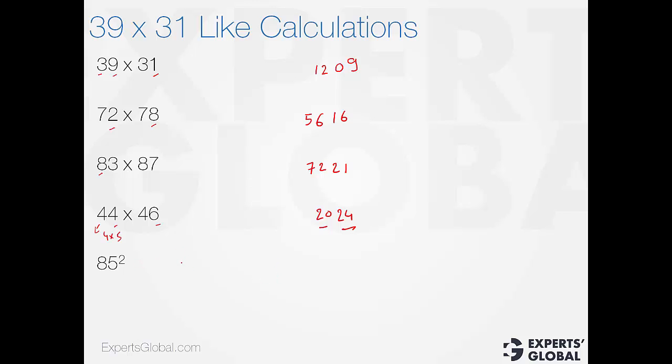So see, the concept can help you find out the squares of numbers ending with 5. 5 square, 25. It's like saying 85 into 85, 25. And 8 into 9, 72 comes here. The same thing. 65 into 65, the last two digits would be 25, 5 into 5, and 6 into 7, 42 comes here.